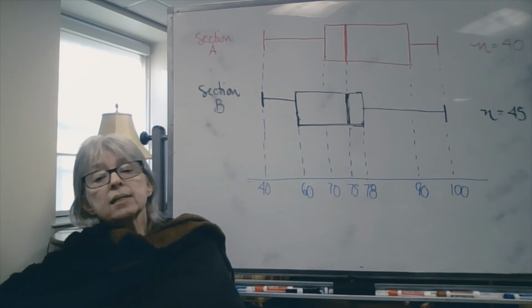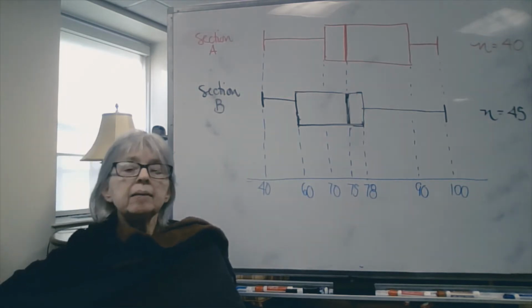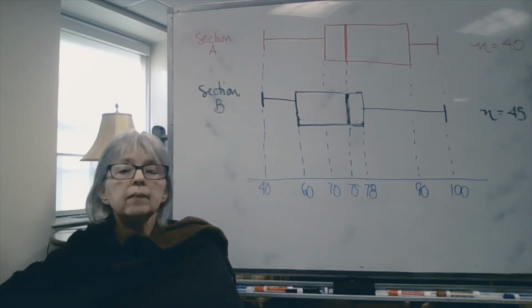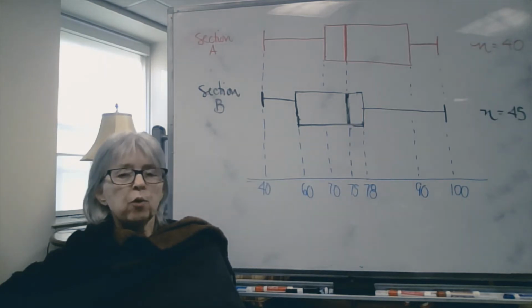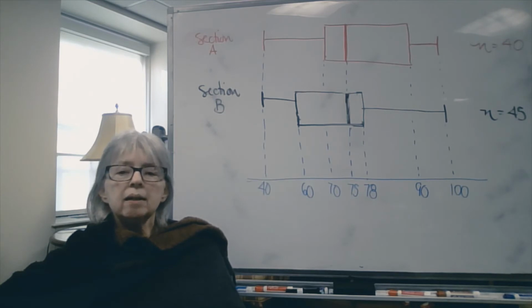One quarter of the students in section A scored more than 90. Half scored between 70 and 90. And the median, which was the halfway point, the midpoint of the data set, is 75.